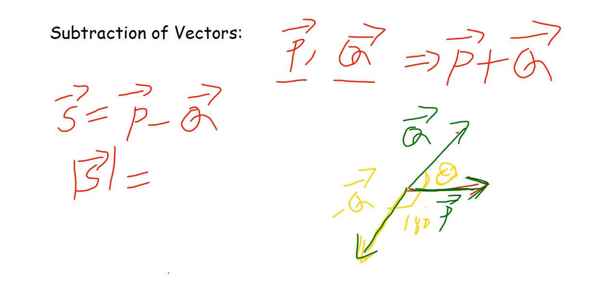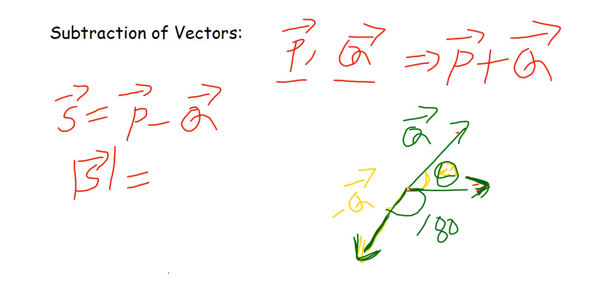Now we are adding p bar to minus q bar. Now the angle is 180 minus theta. This is theta and this one is 180 minus theta.